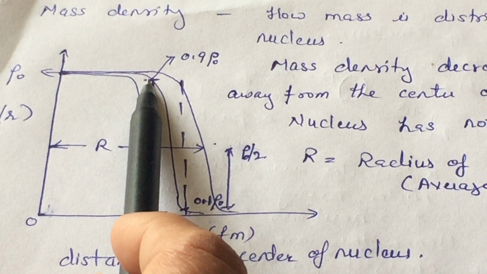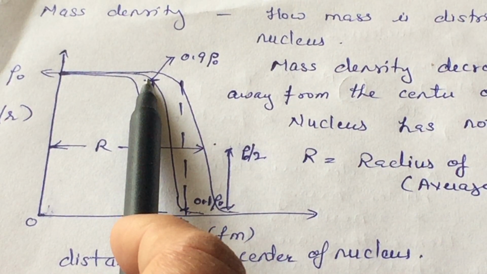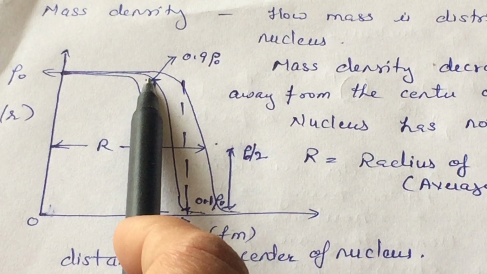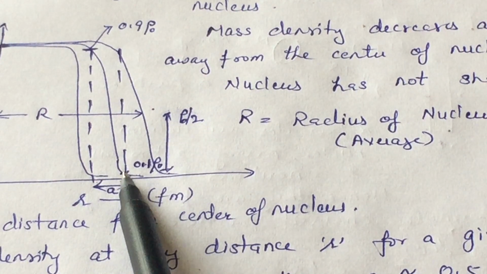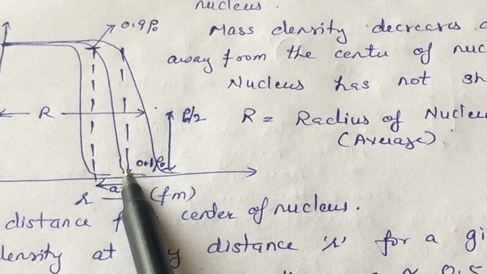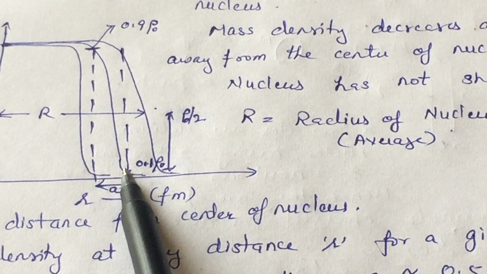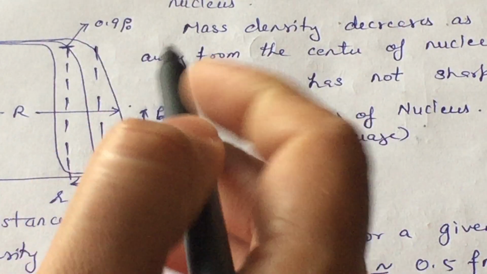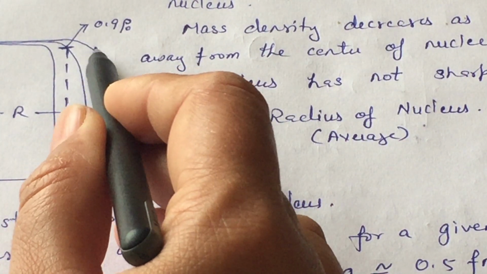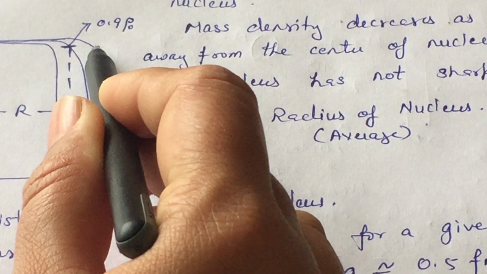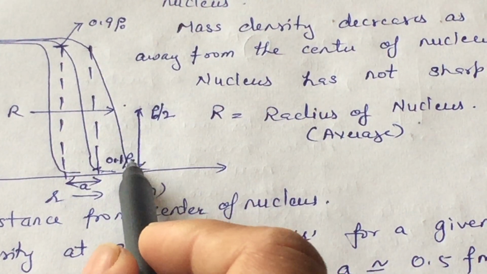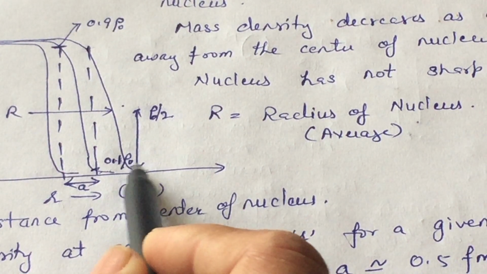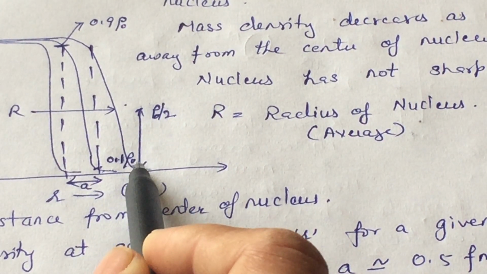This is a point where the mass density becomes 90% of its maximum value, and this is a point where the mass density becomes 10% of its maximum value. Again, this is the point on the heavy nucleus graph where the mass density becomes 90%, and this is the point where it becomes 10%.